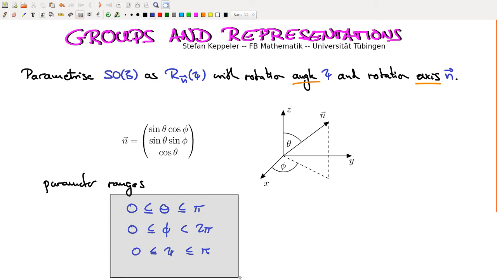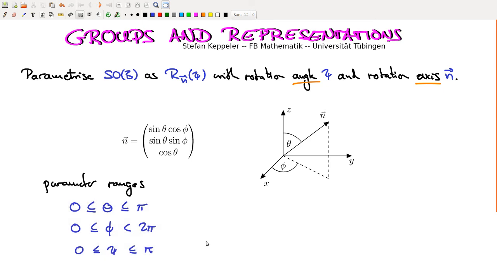So with these parameter ranges, we already have all rotations, but some we still hit a couple of times. So what are the redundancies here?